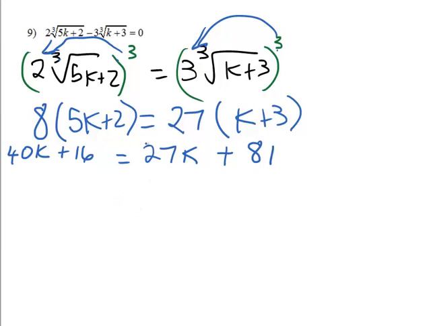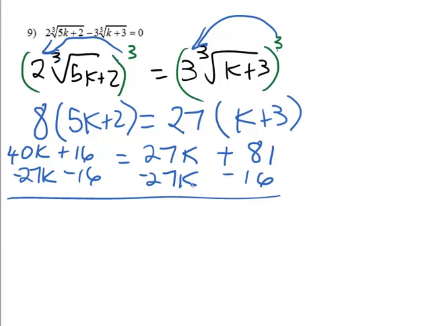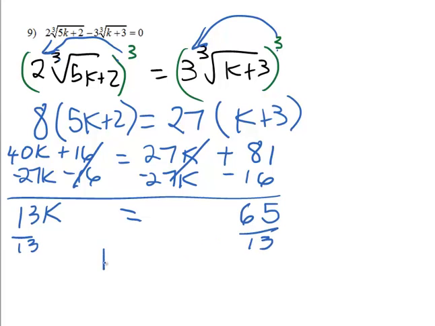Combine like terms, minus 27k, minus 27k, minus 16, minus 16. That's a 0. That's a 0. And that would be 13k equals 65. If I divide both sides by 13, I get k equals 5.